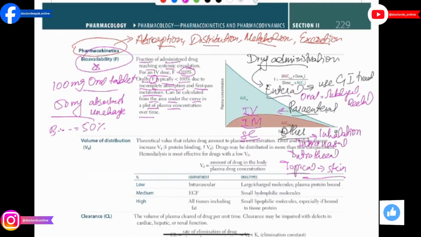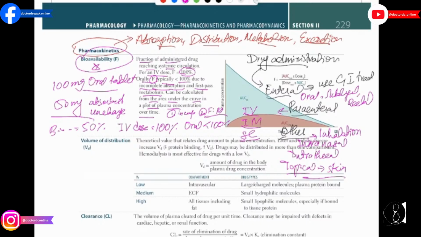In this paragraph, we get 2 points. First, for the IV dose, the bioavailability is 100%, and for the oral dose, it is less than 100% because of 2 points: first, incomplete absorption, and second, first-pass metabolism.